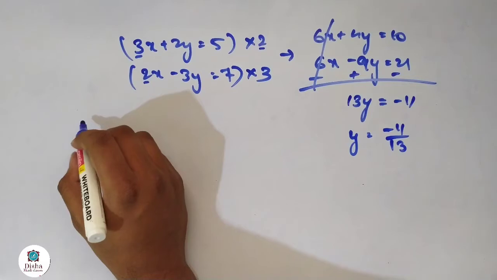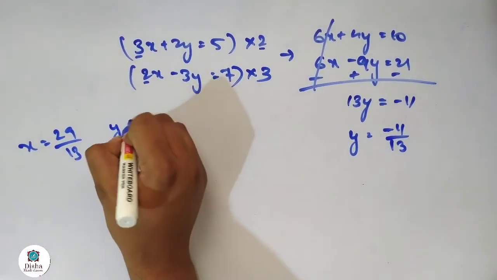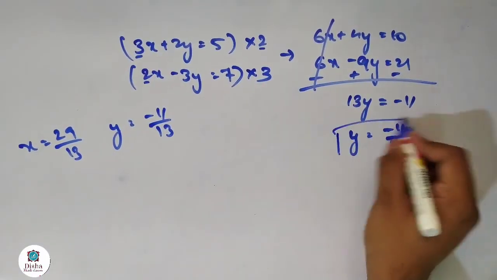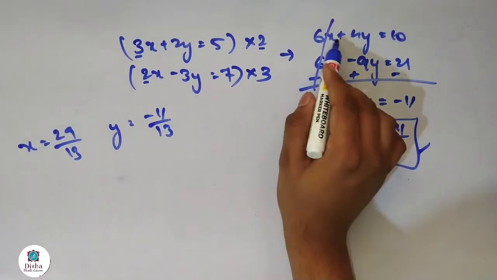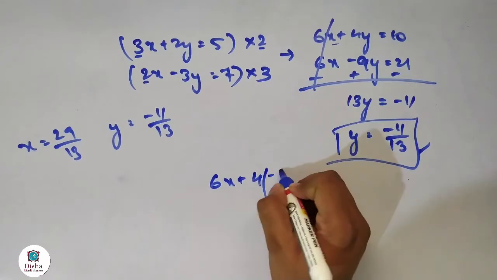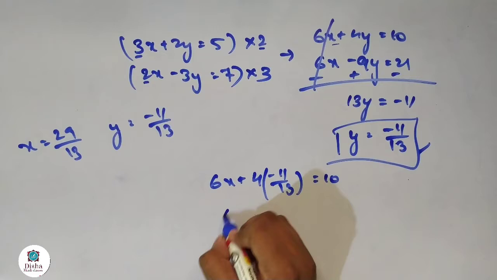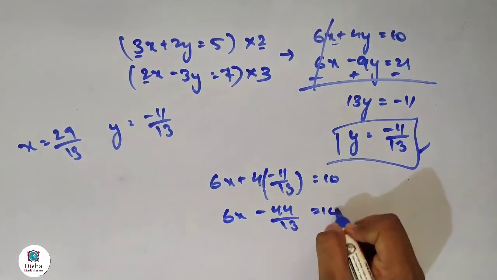So what were the points we got? x equals 29 by 13, y equals minus 11 by 13. So we got the y value, right? Next, we have to find the x value. So substitute this y value in any of the equations. So 6x plus 4 into minus 11 by 13 equals 10. So 6x minus 44 by 13 equals 10.